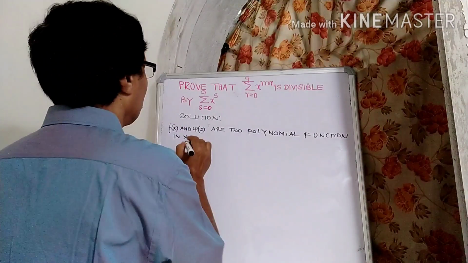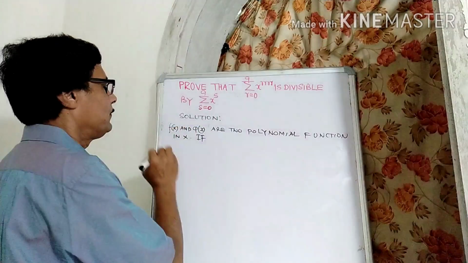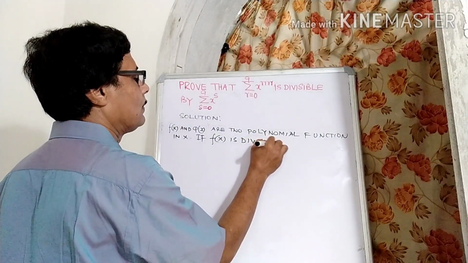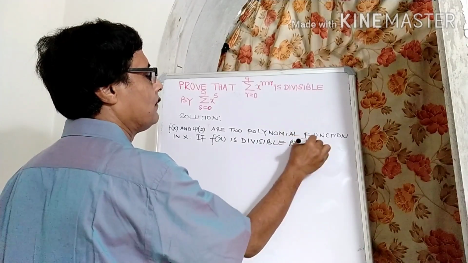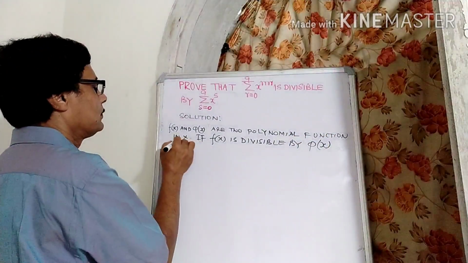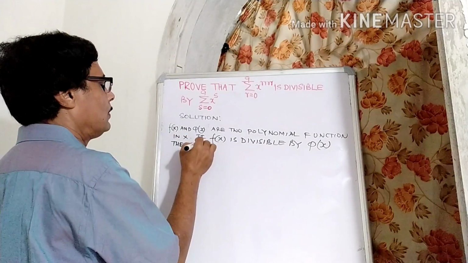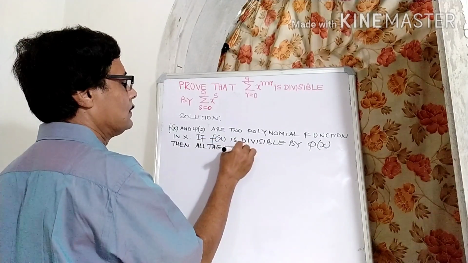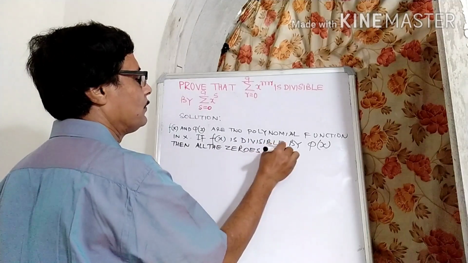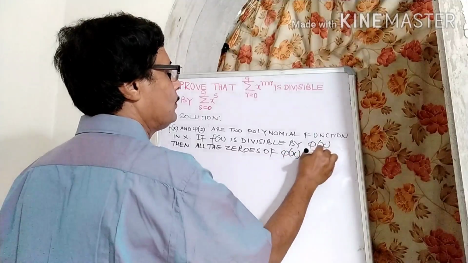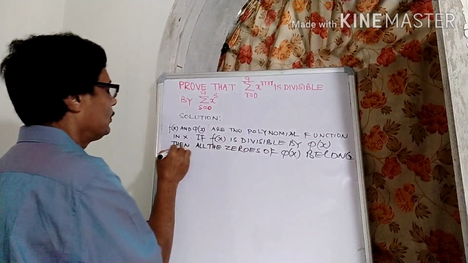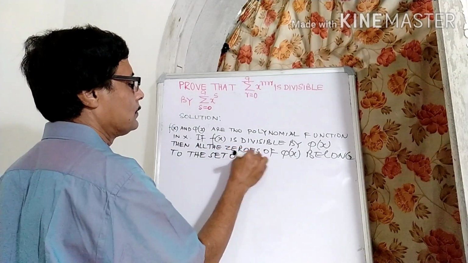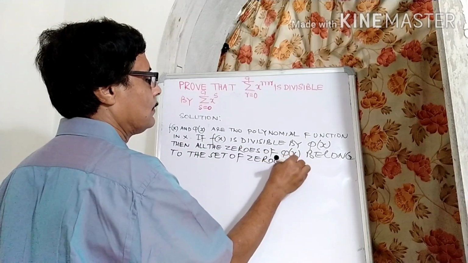Then if f(x) is divisible by phi(x), all the zeros, that is roots, of phi(x) belong to the set of zeros of f(x).